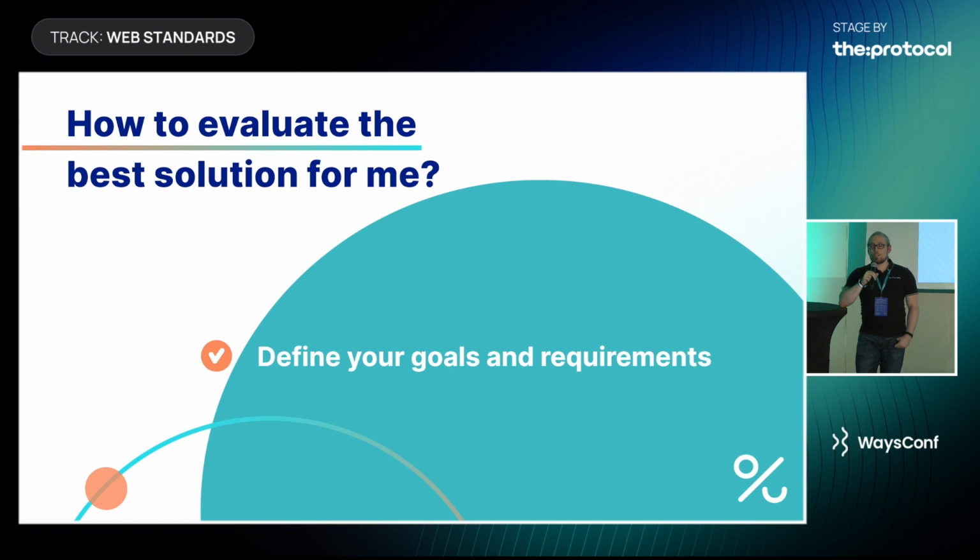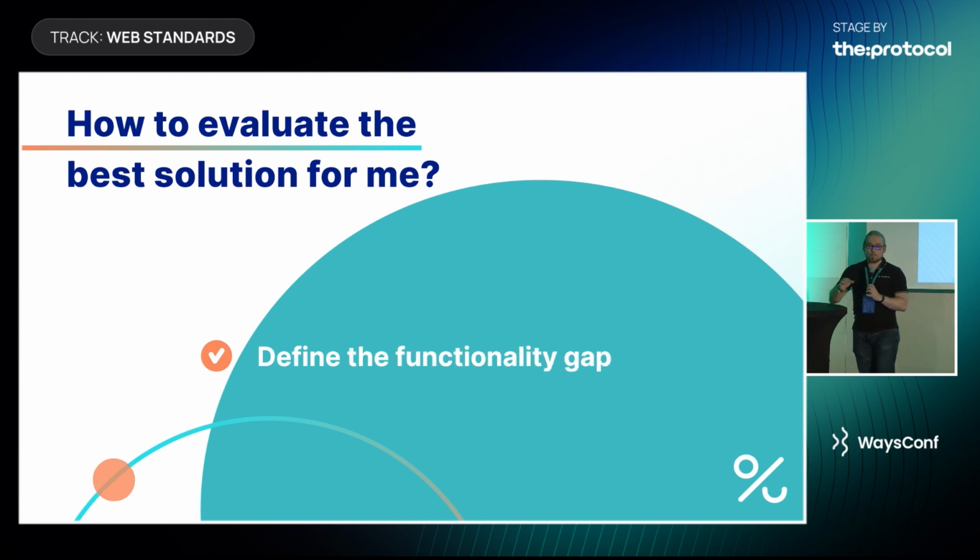And it's something that you still need to do if you want to evaluate the best solution in the market for your specific issue. If you have that, and probably you do, then you have to define the functionality gap. What I have right now, what I need to develop in my solution, what I need to develop without using the external provider, what is the functionality that I do not have right now, because you might have already part of the functionality.